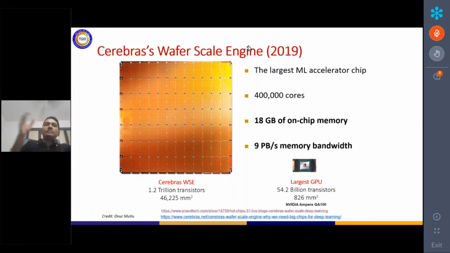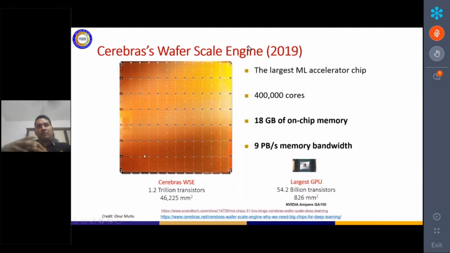In one wafer, you will have a number of separate chips. But this is a wafer scale engine, and this is one ML compute engine. Basically, it has a lot of multiply and accumulate units arranged as an array of processing engines, and this particular engine has 400,000 of this kind of cores. Okay, and it has around 18 GB of on-chip memory.